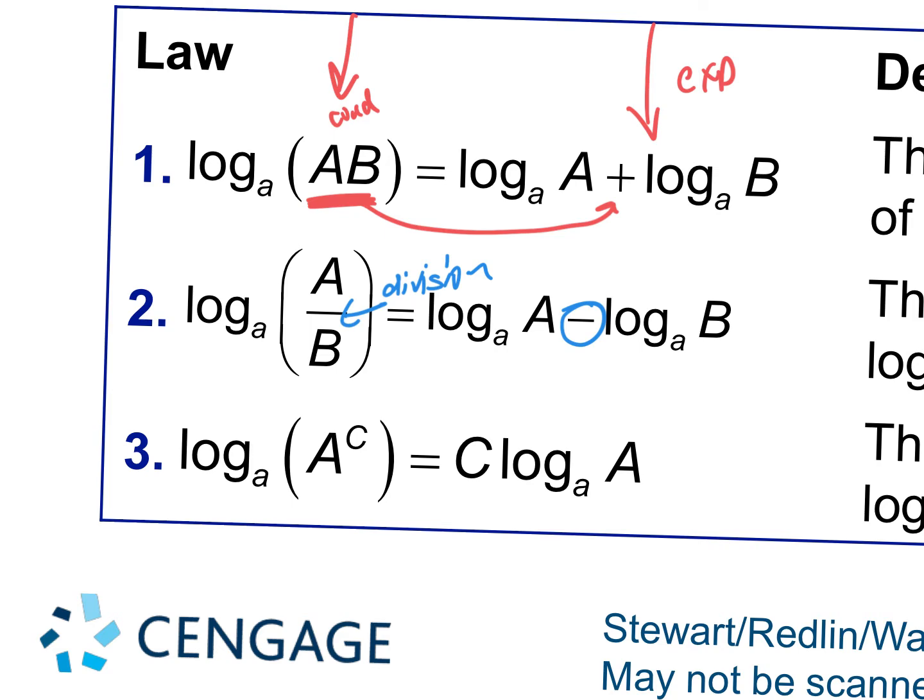What happens with C? The exponent becomes the coefficient. If you have a coefficient, then it becomes the exponent. It just goes back and forth. So if you can remember those 3 things, addition goes with multiplication, subtraction with division, and coefficients with exponents, you guys will be all right.